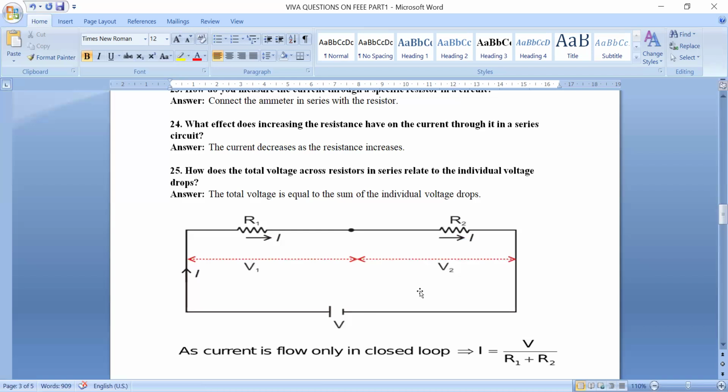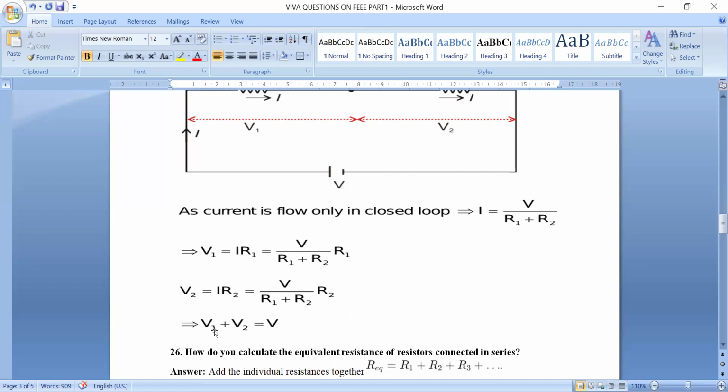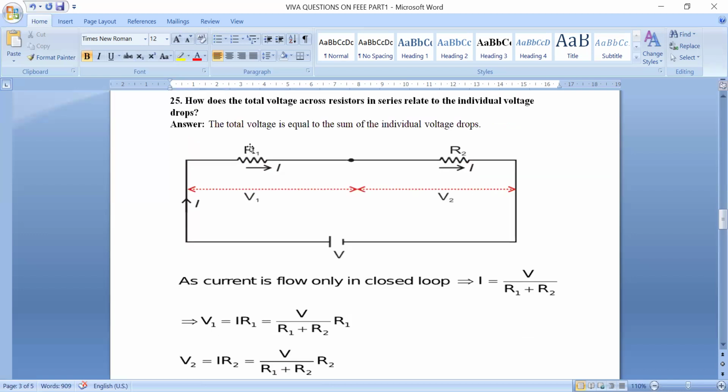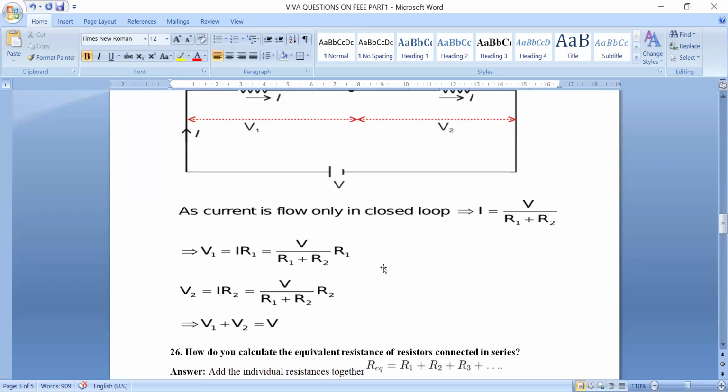Across R1 there is one voltage drop, V1, and the voltage drop across R2 is V2. So what is the total voltage? It is the sum of the two voltages. Total voltage is V1 plus V2. The total voltage is equal to the sum of the individual voltage drops.